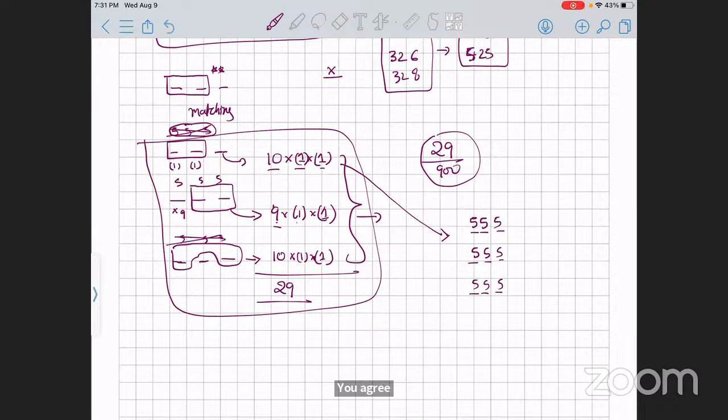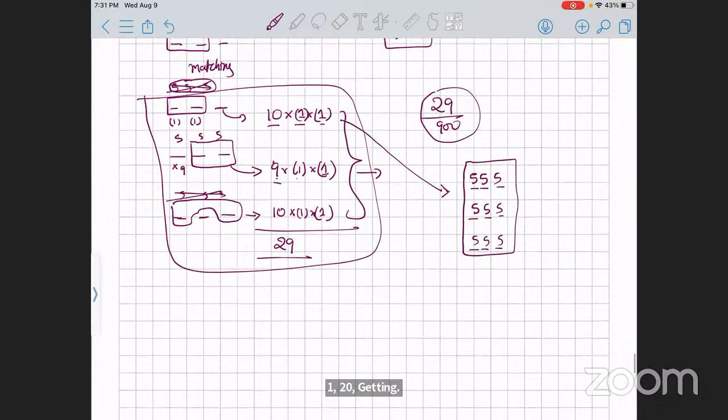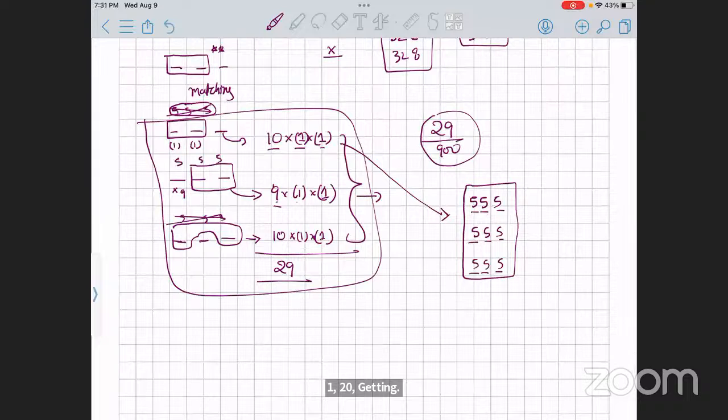Yes, sir. Now what should we do? What difference does it make getting consecutive same numbers? Why this concept, sir? Anyway we can take it as 29 by 900, sir.